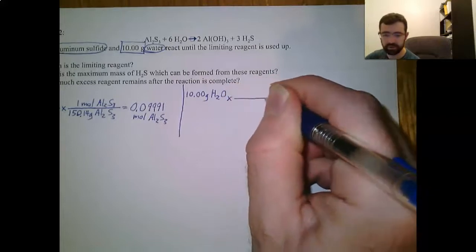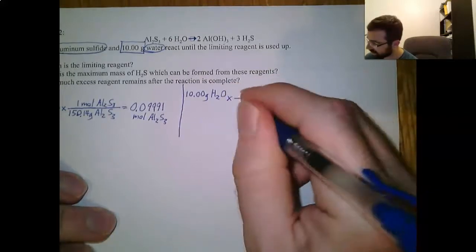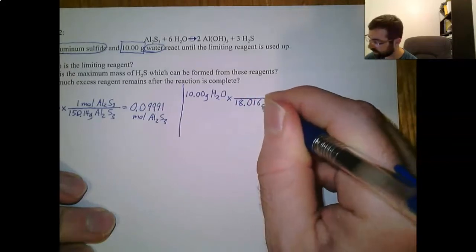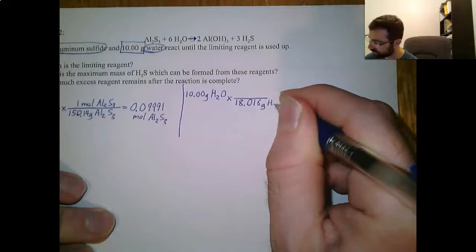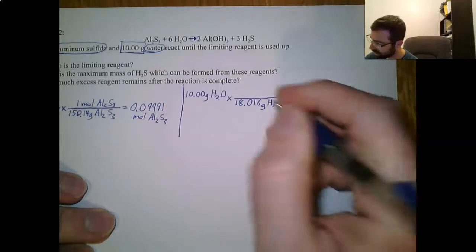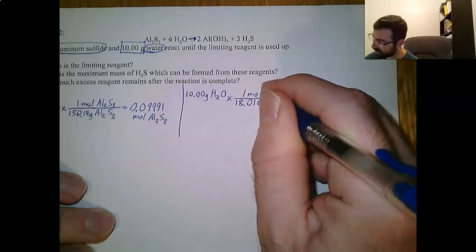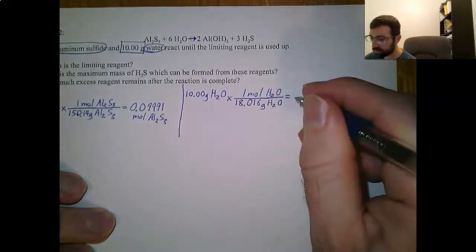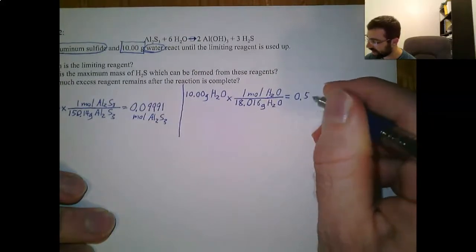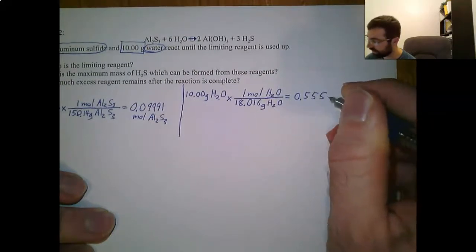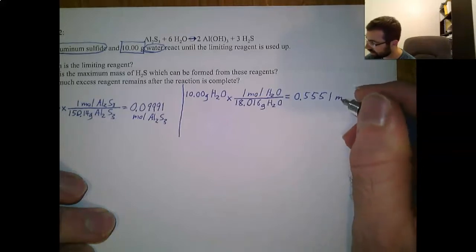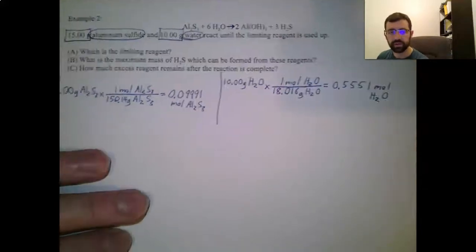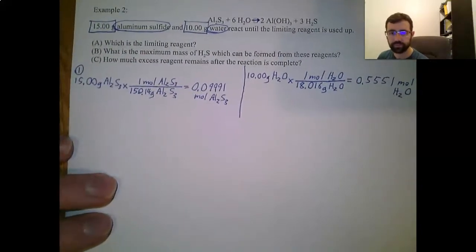If not, I know you could find it. 18.016 about grams of H2O in 1 mole of H2O. So when you put that in a calculator, you should get 0.5551 moles of H2O.